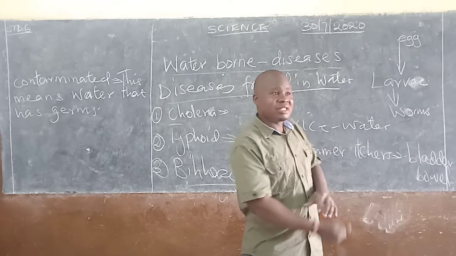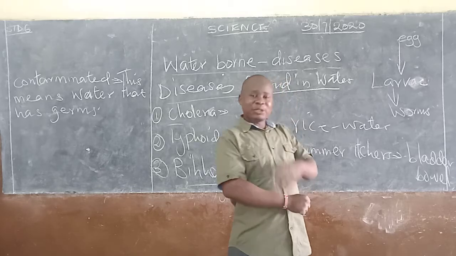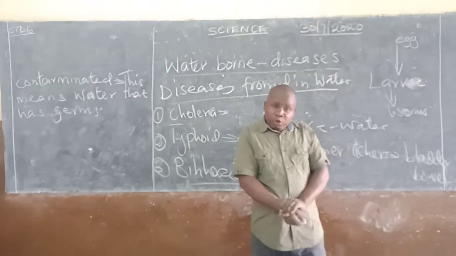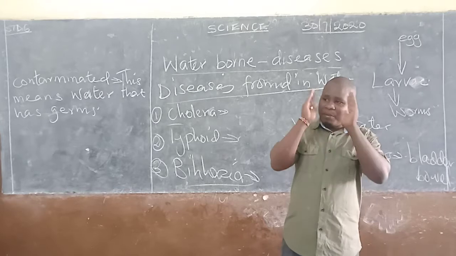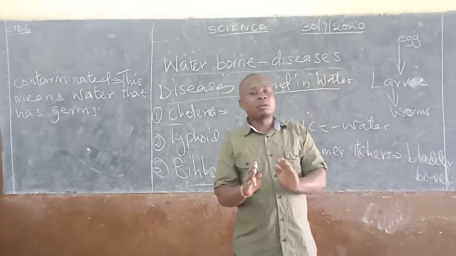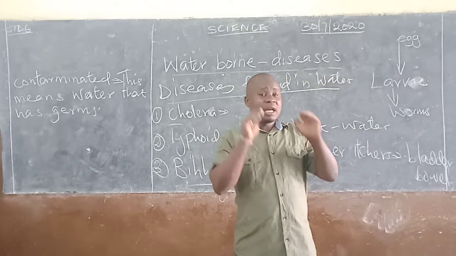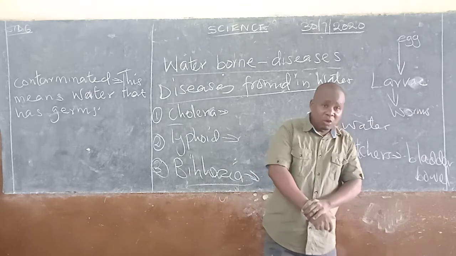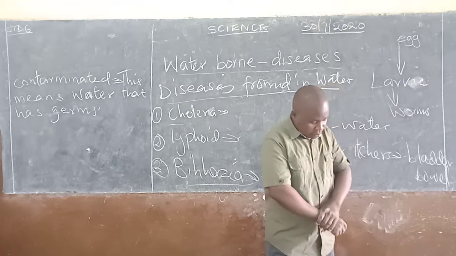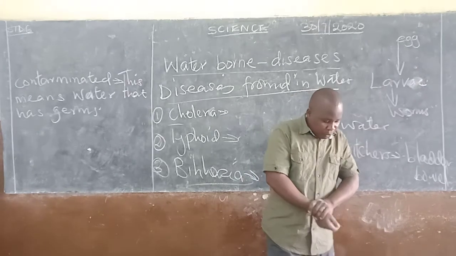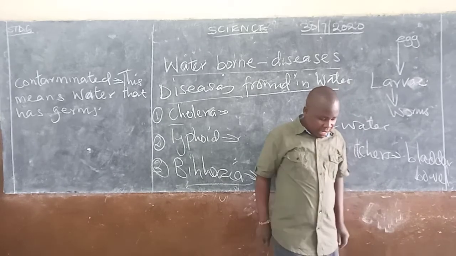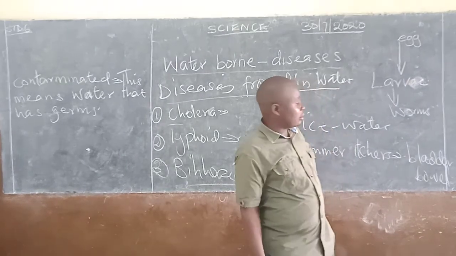Now, how can you prevent this? We have seen the symptoms. We want also to see how it is being prevented. As I said, wear protective clothes. That is the gumboots and the gloves when handling stagnant water or going to a pool. Put on gloves when working in water. Also, kill water snails using chemicals.